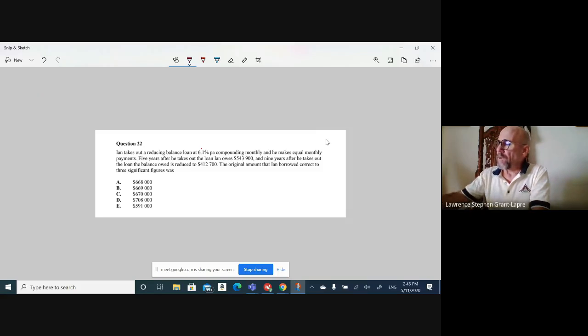Okay, so let us take Finance Solver and look at the fields. Actually, let's look at the timeline. The original loan, we do not know. That's what we do not know.